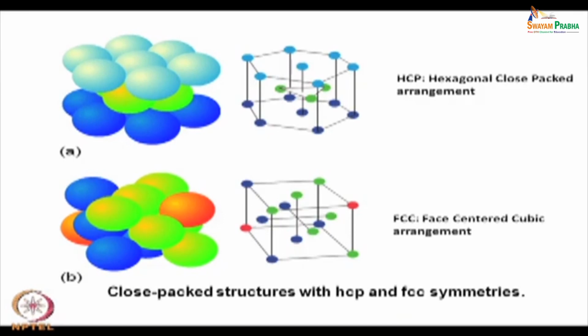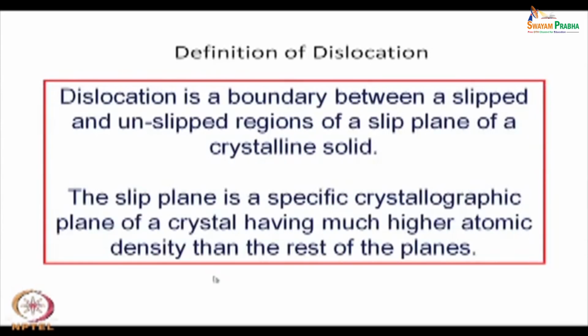It may not be a fully close packed plane, but even in an open structure, the highest atomic density plane can be called a slip plane, because that is the plane on which the minimum distance has to be travelled for the movement to take place. So, that is our concept of slip plane.